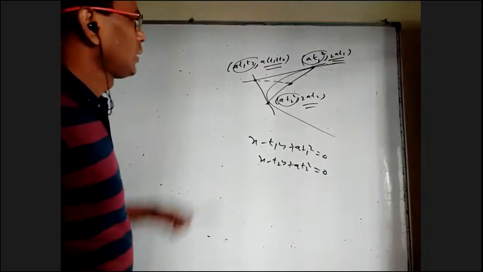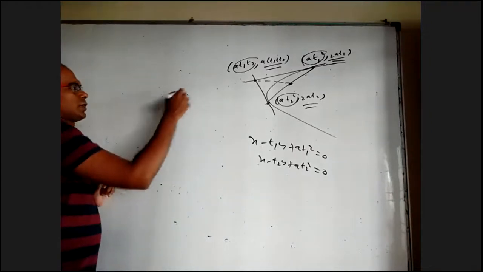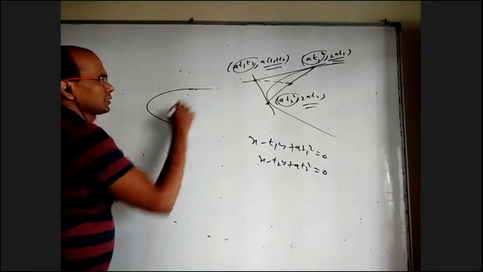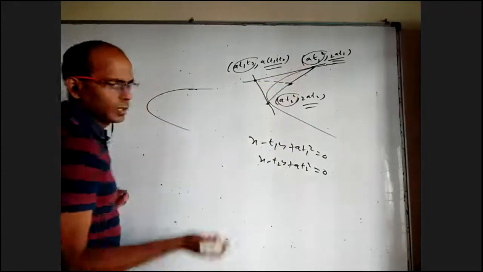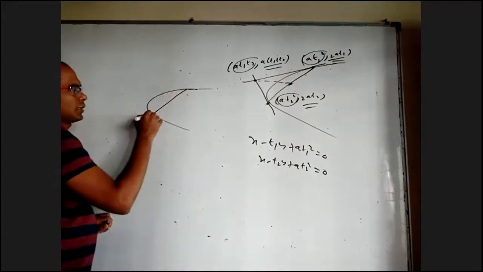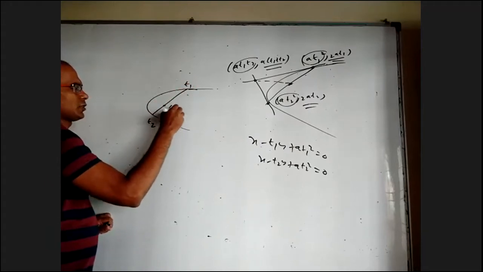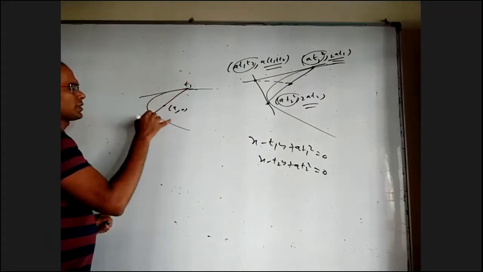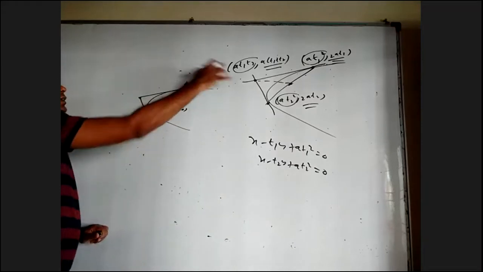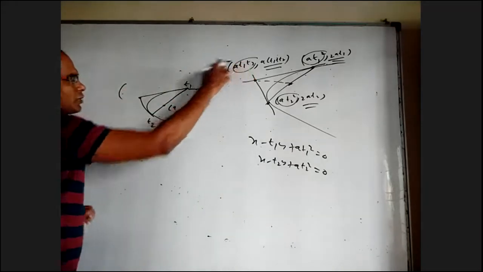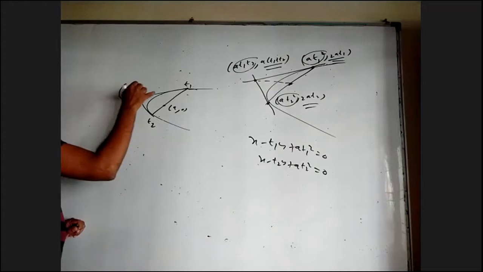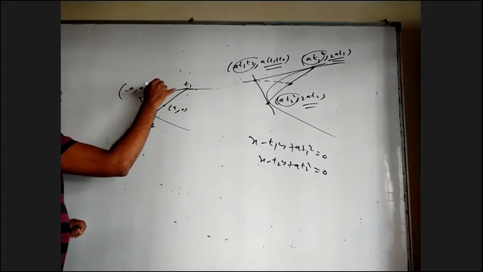Right here you can notice one thing. This need not be a focal chord, but let us say if it is a focal chord, this is T1, this is T2, this is (A, 0), then T1 into T2 will be -1, because the point of intersection becomes (minus A, A into T1 plus T2).